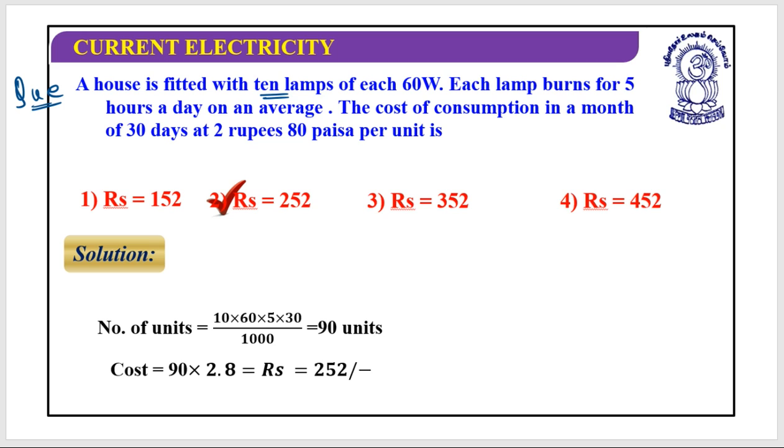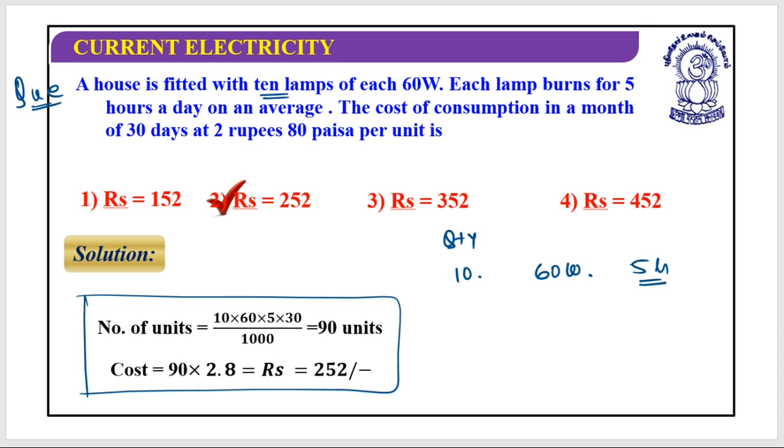Now again a question of energy consumption. A house is fitted with 10 lamps, each of 60 watt, and each lamp burns for 5 hours a day on an average. Find the cost of consumption in a month of 30 days at 2 rupees 80 paisa per unit. For your help I have written the solution over here, but if possible please do not watch it, and do it yourself.